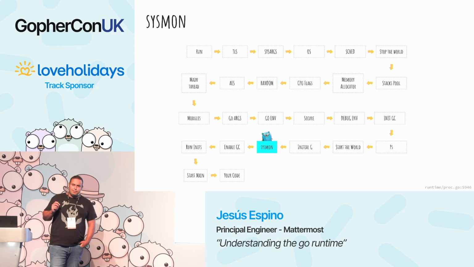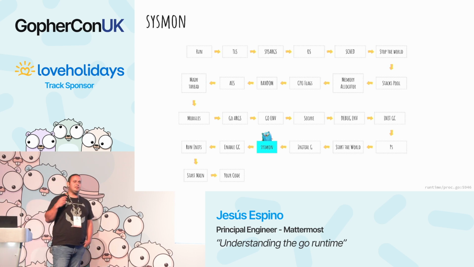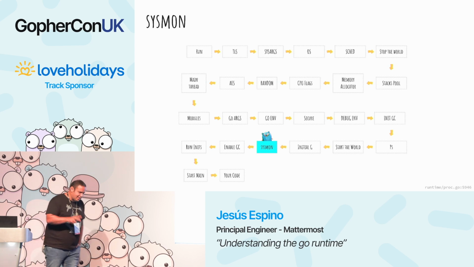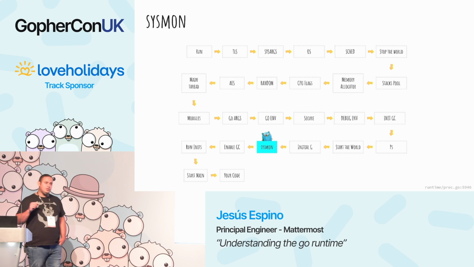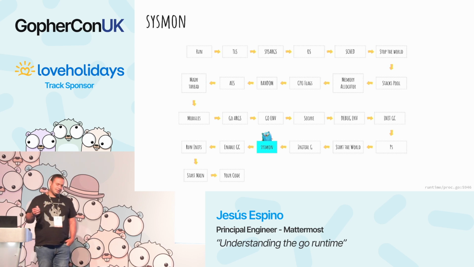The system monitor is a process that is going to execute every 10 milliseconds and do certain things. Actually, it's not exactly 10 milliseconds. It's going to start executing every 20 microseconds, and it's going to start doubling after 1 millisecond, and whenever it reaches 10 milliseconds, it stabilizes at 10 milliseconds.